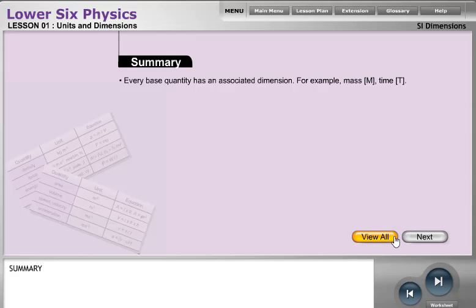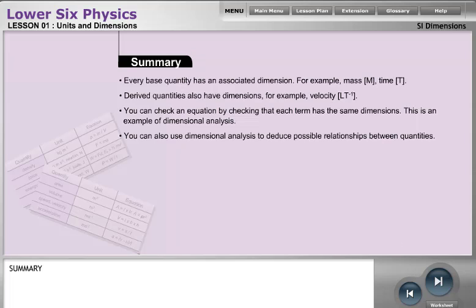Summary. Every base quantity has an associated dimension. For example, mass M, time T. Derived quantities also have dimensions. For example, velocity LT to the power of -1.